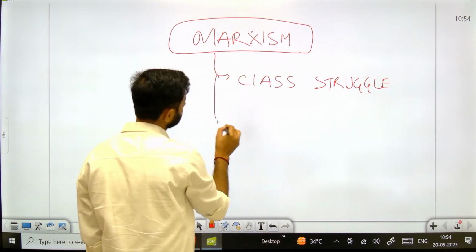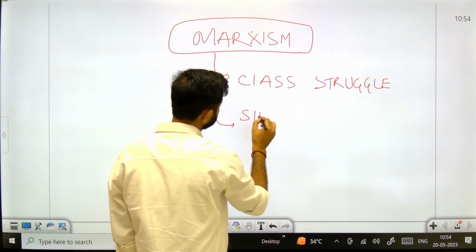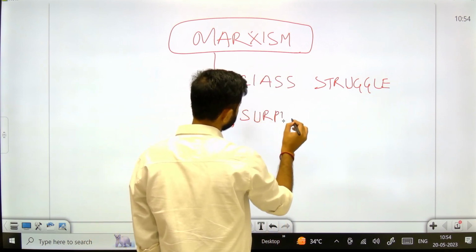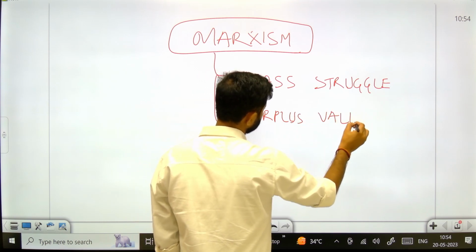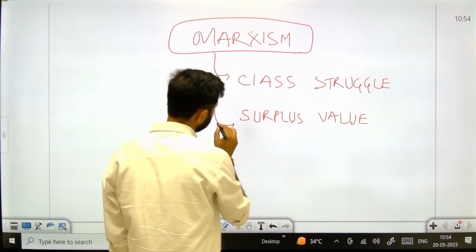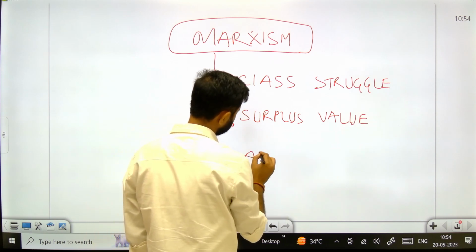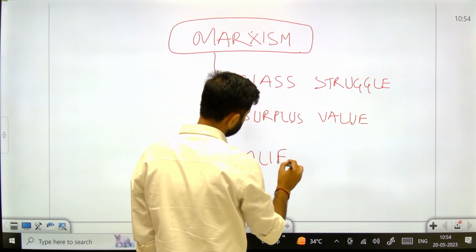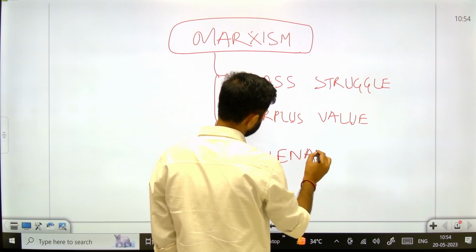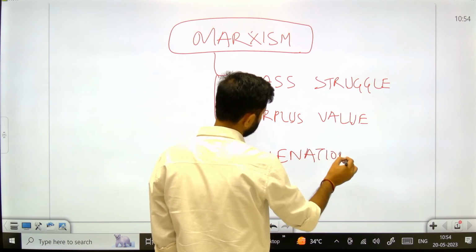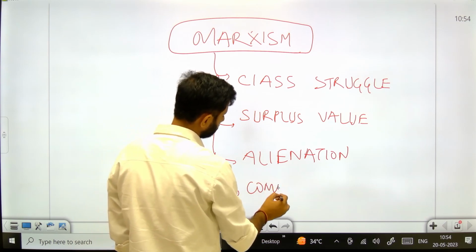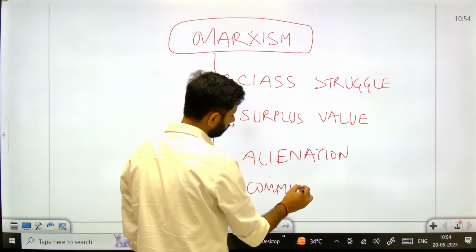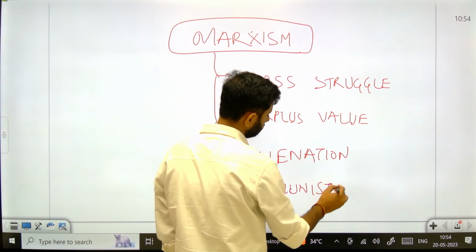It talks about surplus value. It talks about alienation. It talks about communist revolution.